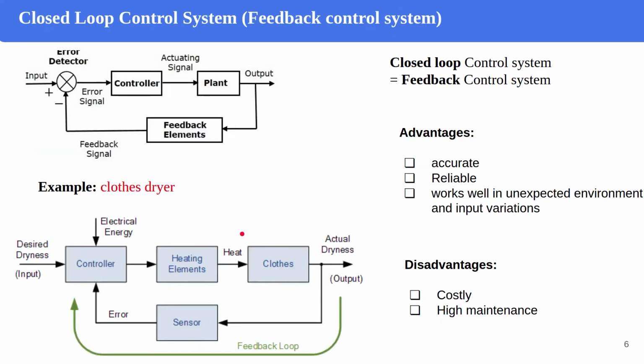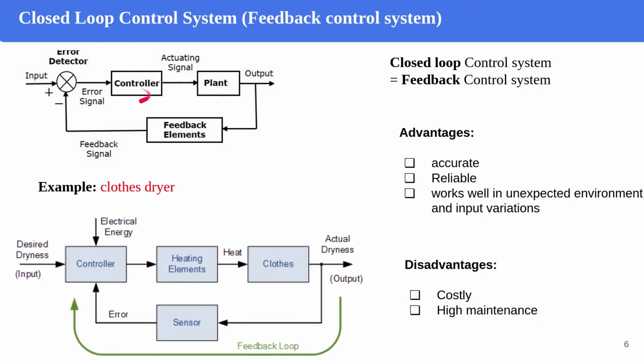The other type of system is the closed loop control system, which is known as the feedback control system. Here the output has an effect on the input, as you see, which is called a closed loop system. In this system, if an error has occurred in the output, then it is compared to the reference signal or set point, and the error is corrected each and every time.